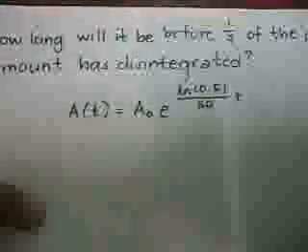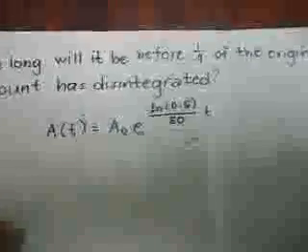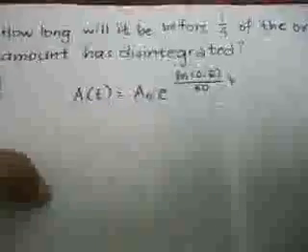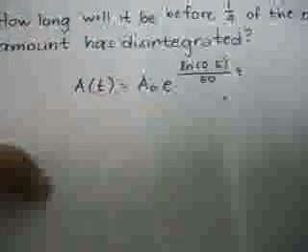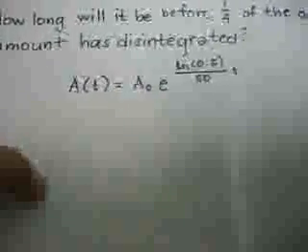And then let's go to the next question, which is, how long will it be before 1/4 of the original amount has disintegrated? So again, we use our equation, which is A of t is equal to A naught times e raised to the power of ln 0.5 over 50 times t.